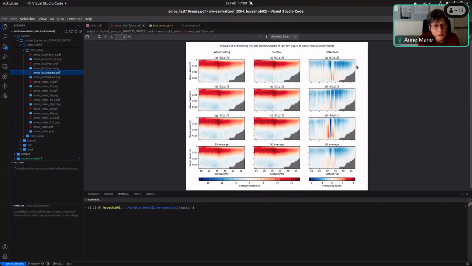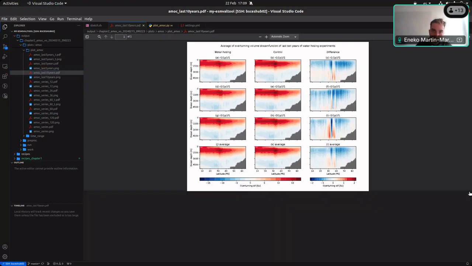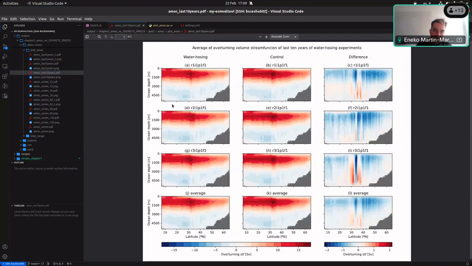Yeah. So an important difference is that we are doing this in a 1950 forcing state that has a much more stable AMOC. So maybe if we had done the same in a future context, we would see a bigger impact.